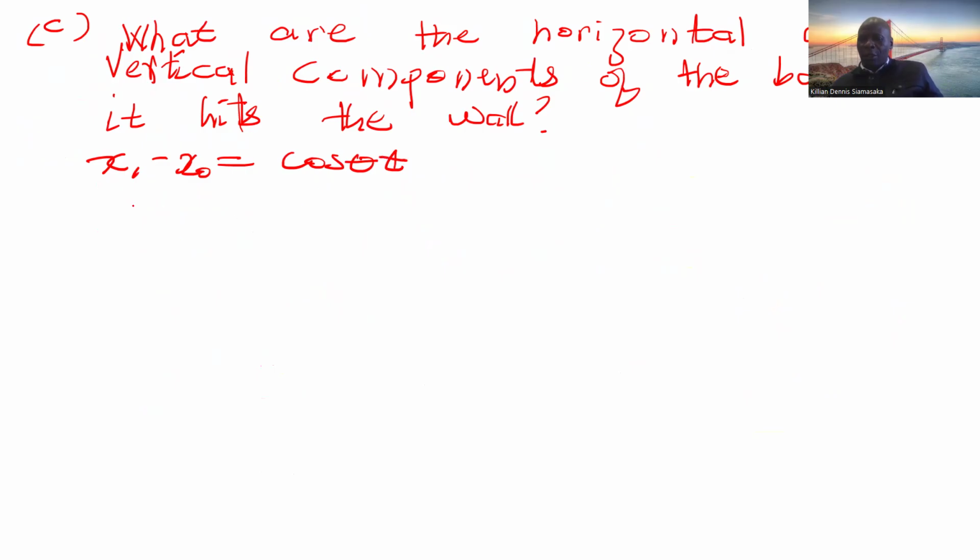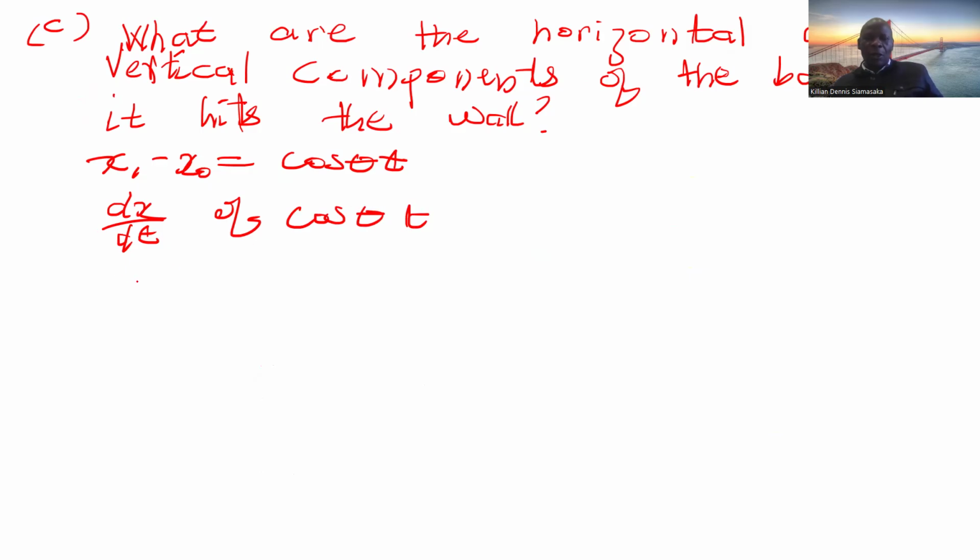And for us to get the horizontal velocity, this is the displacement. We can differentiate dx/dt of V0 cos theta multiplied by t.